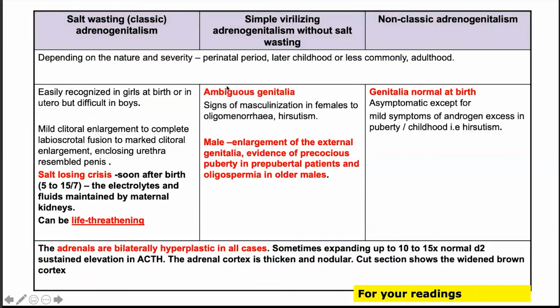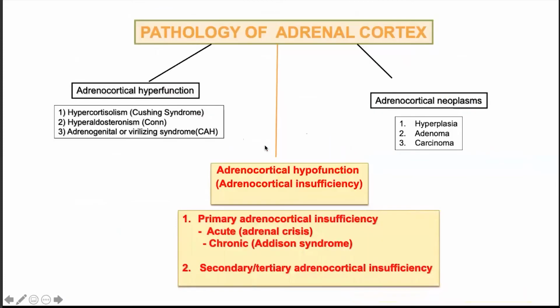So the patient presents with signs of masculinization in females, oligomenorrhea or hirsutism, depending on whether male or female. And usually the patient presents with ambiguous genitalia. That one you need to read further on CAH, okay?